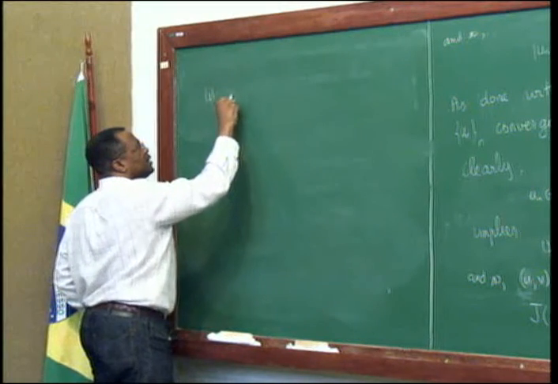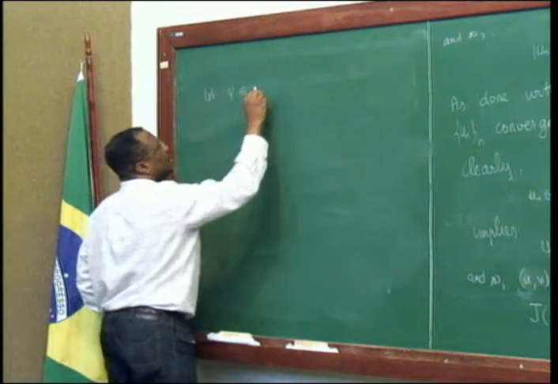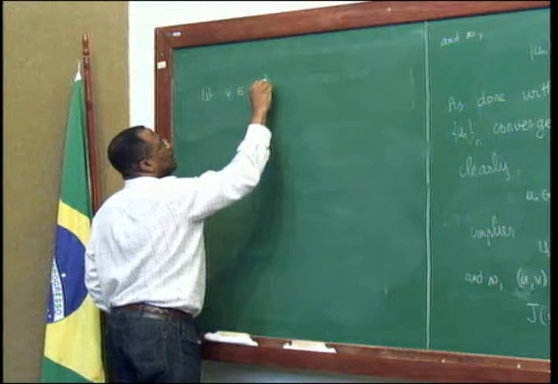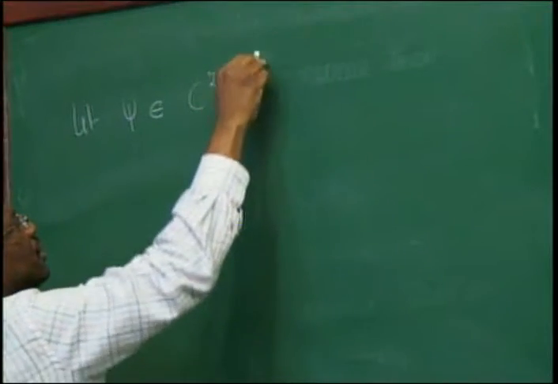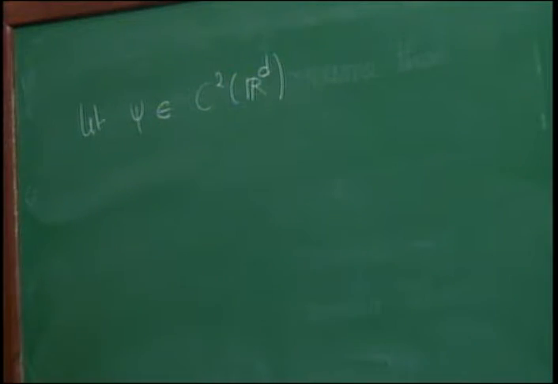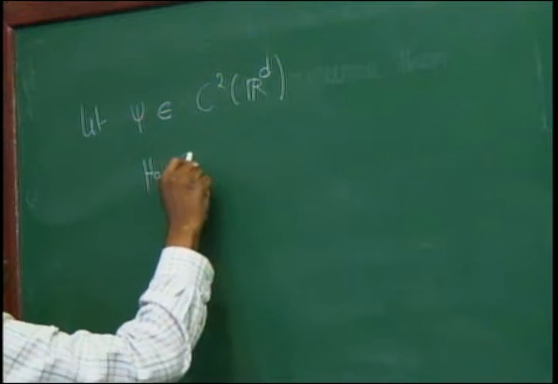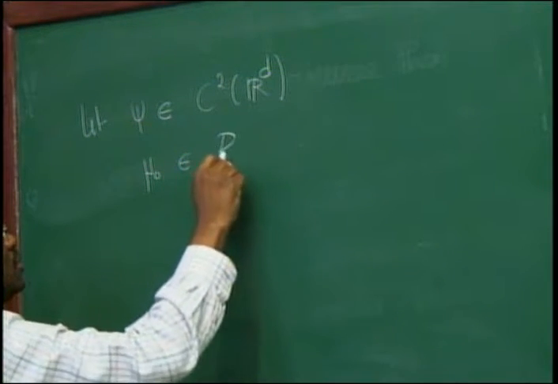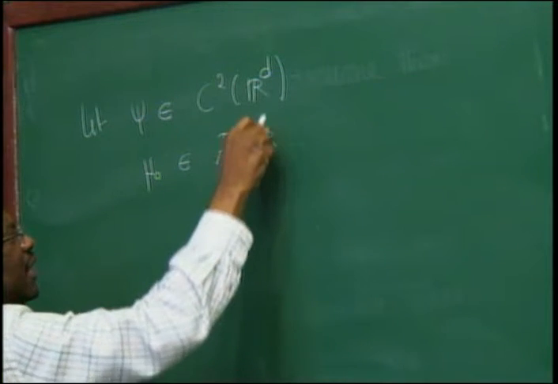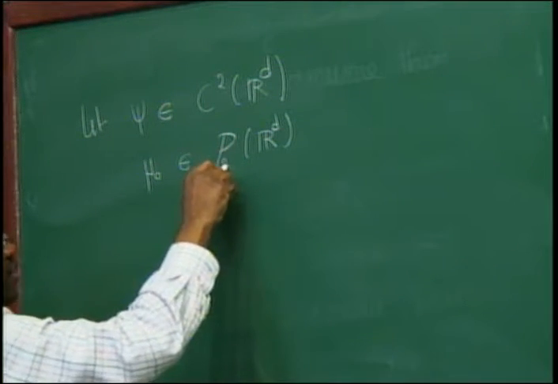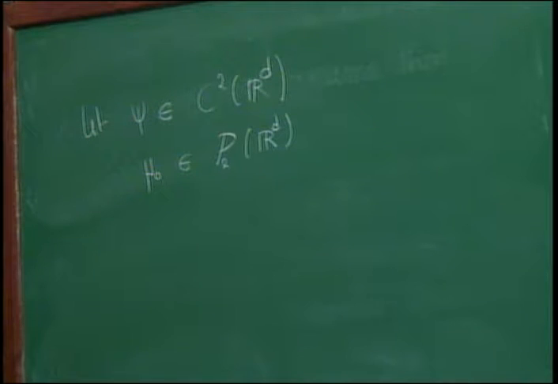Let psi be a function of class C2. Let mu0 be a probability measure on Rd. Assume, for instance, the second moment is bounded.